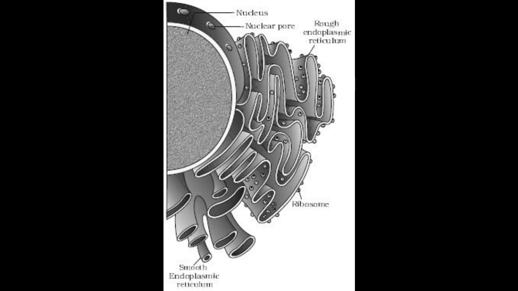network of tubular smooth endoplasmic reticulum membranes. As you may already know, the endoplasmic reticulum is another cell organelle present inside the cell. But the endoplasmic reticulum is divided into two types, the smooth endoplasmic reticulum and the rough endoplasmic reticulum.